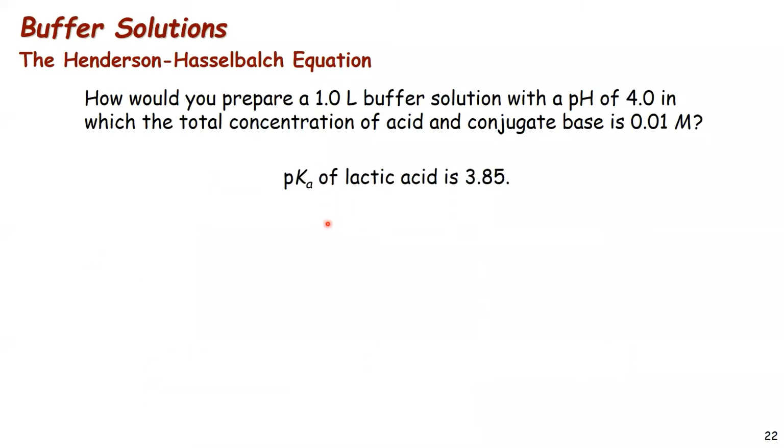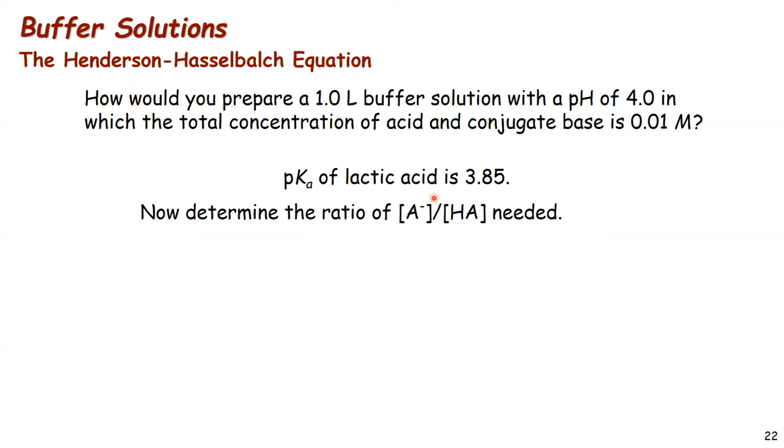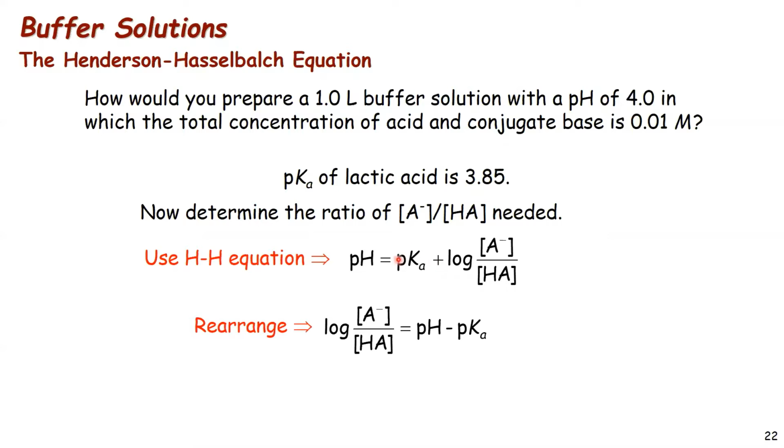Okay, so we choose lactic acid, which has a pKa of 3.85. So now we need to determine the correct ratio of conjugate base to acid that we're going to need. Okay, so we have the equation pH is equal to the pKa plus the log. Well, there it is, right? There's that ratio of base to acid. So I know the pH is going to be 4.0. The pKa is going to be 3.85. I'm trying to solve for this ratio, so I just rearranged the equation, right?